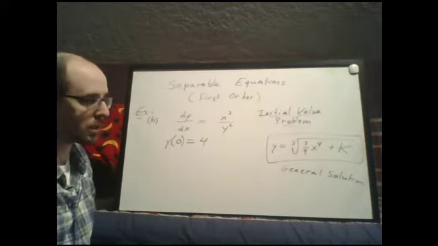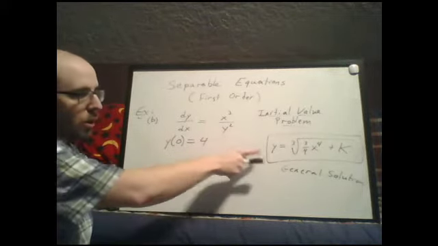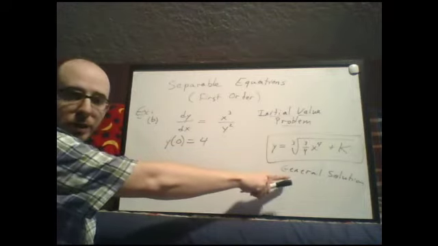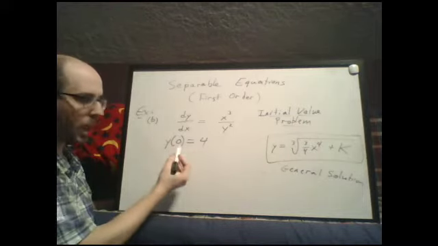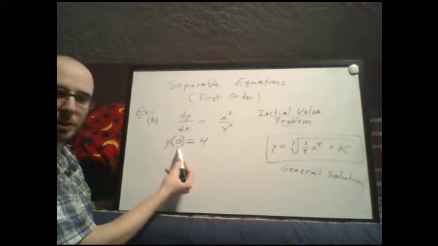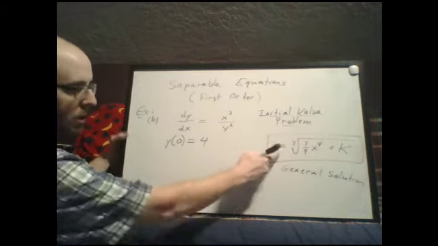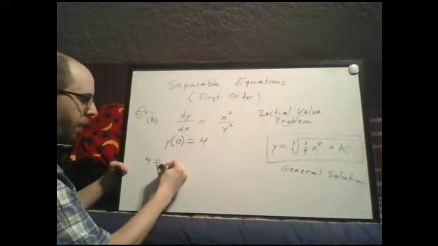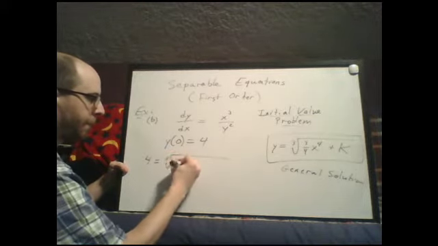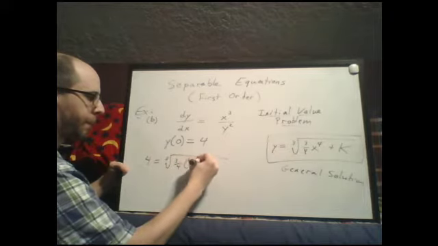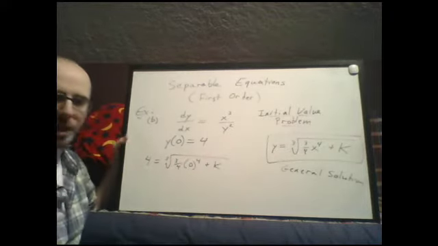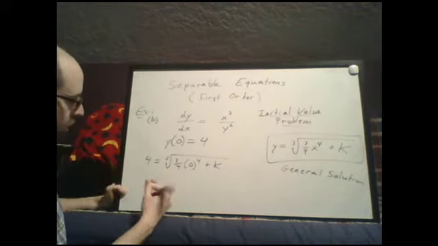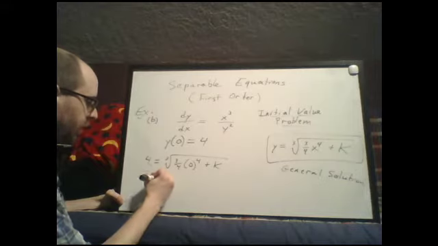So the way we handle this is, if we haven't already, we go through just like we did and try to find a general solution. And now we have a specific x-y pair. If x equals 0, y equals 4. So I'd take this equation and set y equal to 4 and x equal to 0, and then solve for whatever constant is there. So 4 equals the cube root of k.